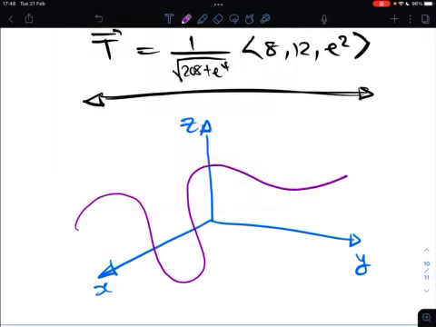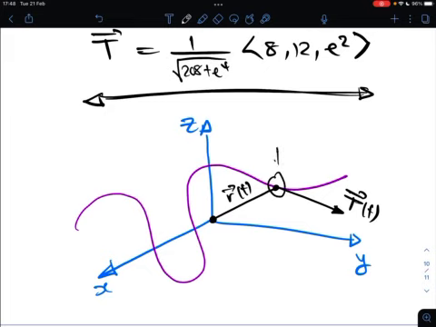If I draw my r of t to sit here, the unit tangent vector will be that vector which is tangential going there. That's what it is. So now this point here will be that specified point.